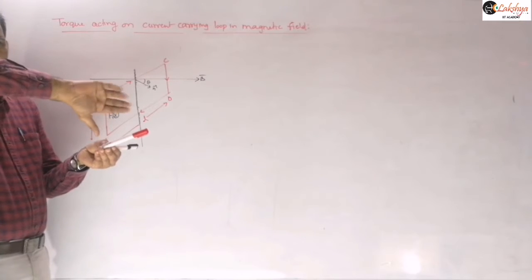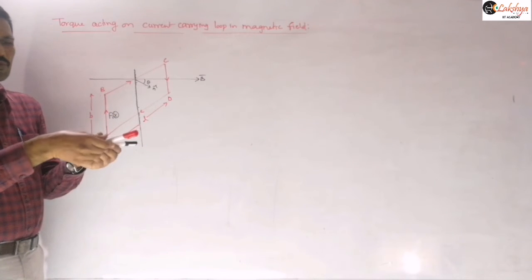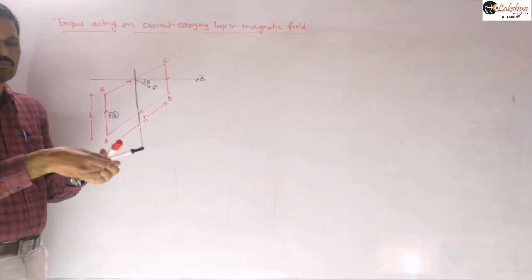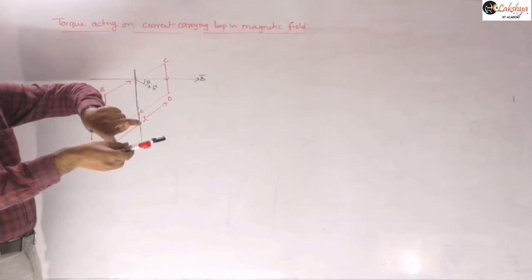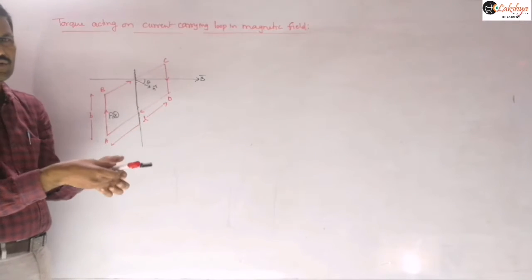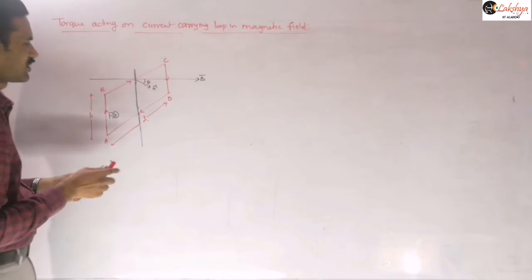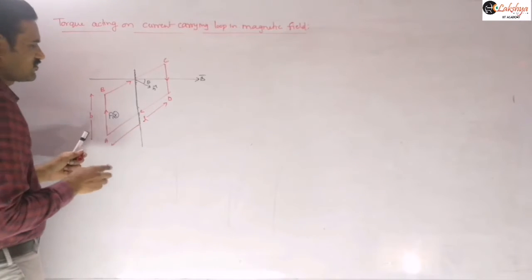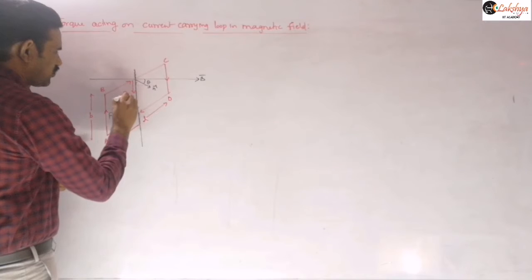Since these two are not perpendicular, you can take the perpendicular component of the magnetic field and then apply the left hand rule. The field is along this direction, the current is flowing along this direction, so the thumb is in the downward direction. You can also apply L bar cross B bar. So the magnetic force F2 will be in the downward direction.